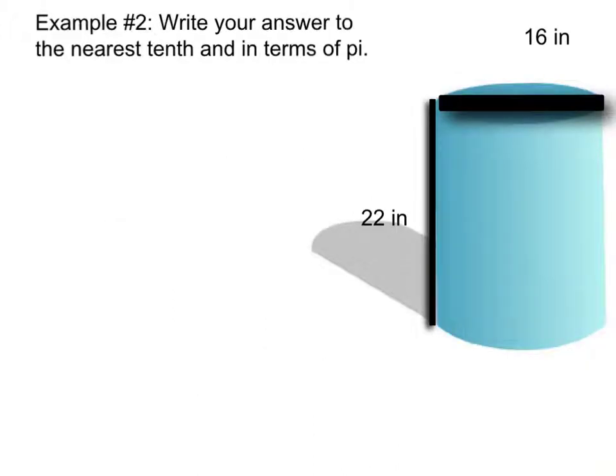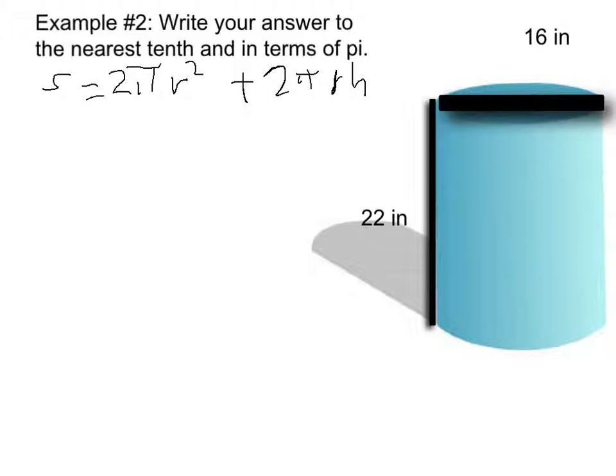You can see the next problem, you have to write your answer to the nearest tenth and in terms of pi. This problem, we have a diameter of 16 inches and a height of 22 inches. You have to change the 16 inches to an 8 because the radius is half of the diameter.